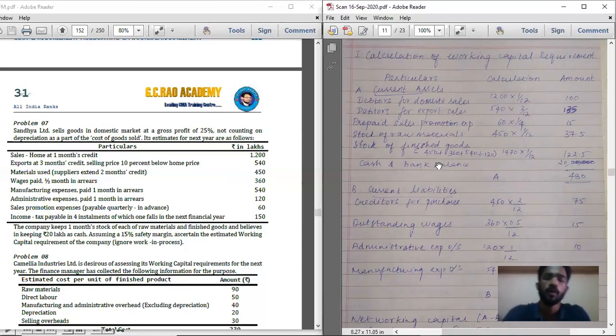Below that, how much is the cash and bank balance to be maintained? That is 20 lakhs. So below that put cash and bank balance. Amount column put 20.